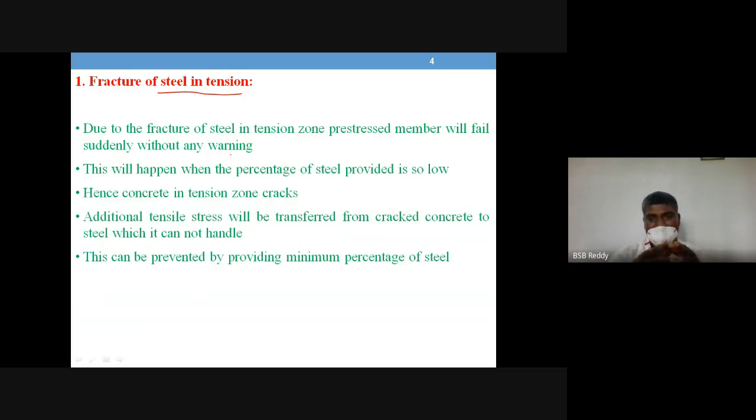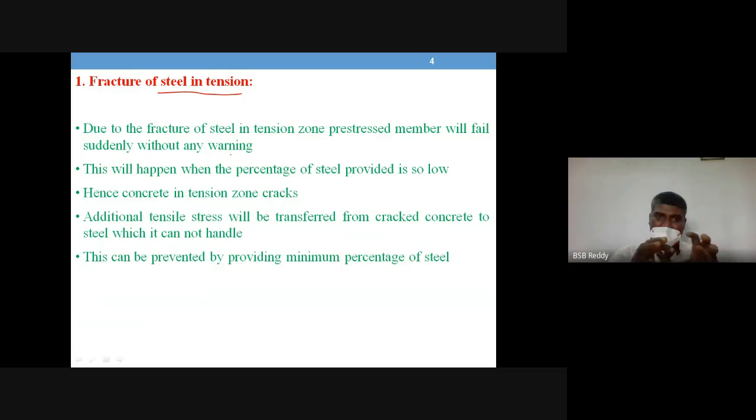Untensioned steel is optional. Whether you provide it or not is your wish. There is no necessity for untensioned steel. Got it? So this is the difference.